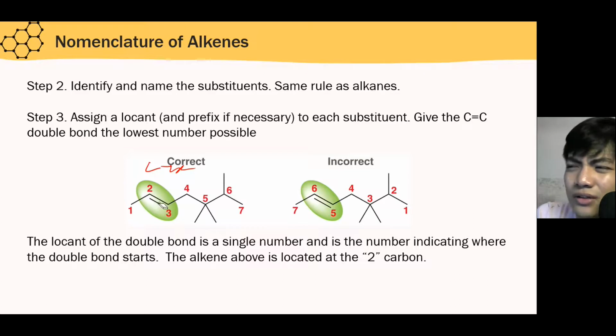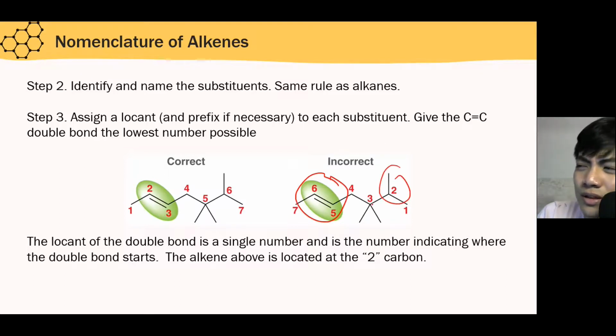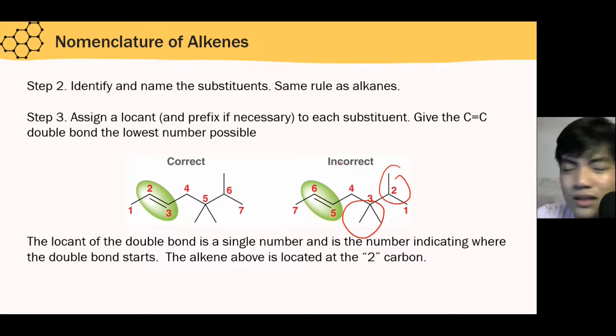Okay. So ano nangyari? Ang nangyari is that, as you can see, this one is wrong. No? If you prioritize your substituent, mali yun. So again, the priority for alkene is to give your double bond the lowest number. Okay. So this should be prioritized first over the others.